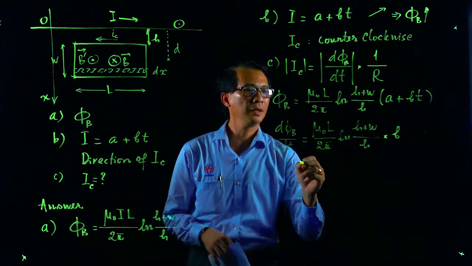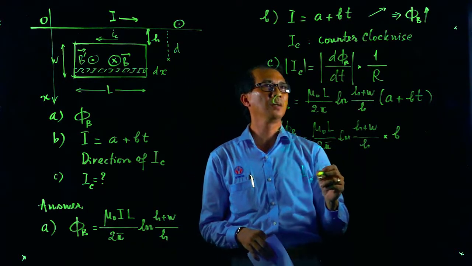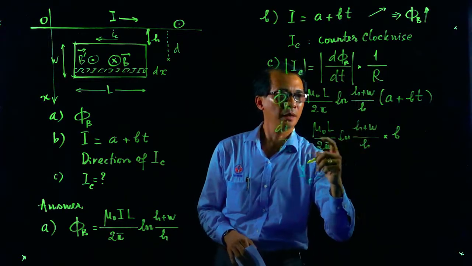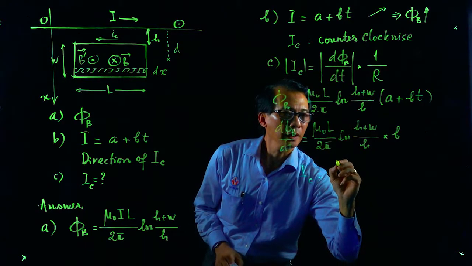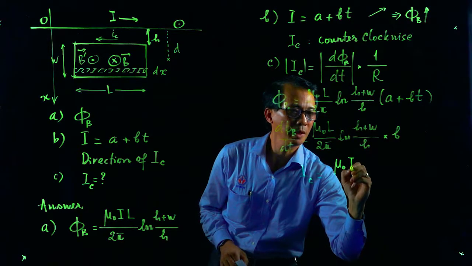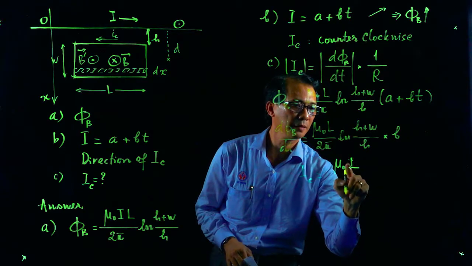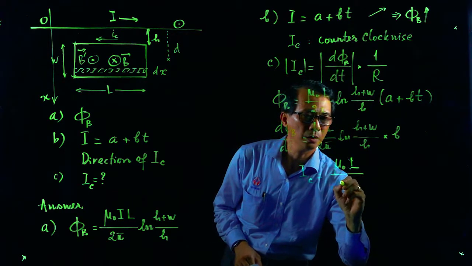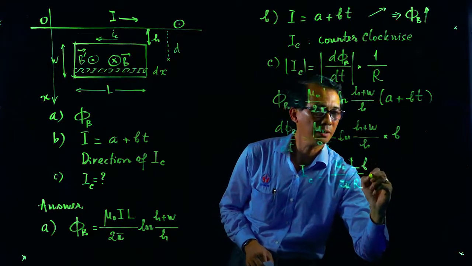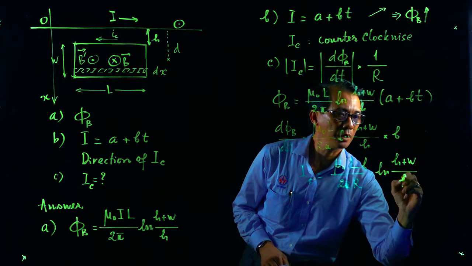Okay, then we can easily find the induced current will be the EMF here over R. So the result will be, sorry, this is an L, not I, over 2 pi R, and I put the b here, with the logarithm of h plus w over h.